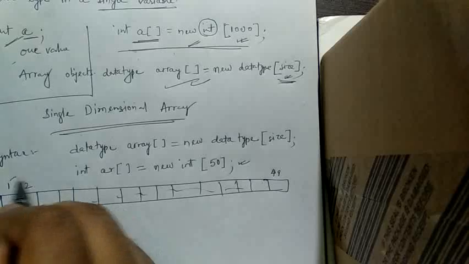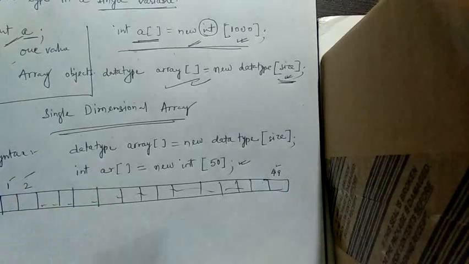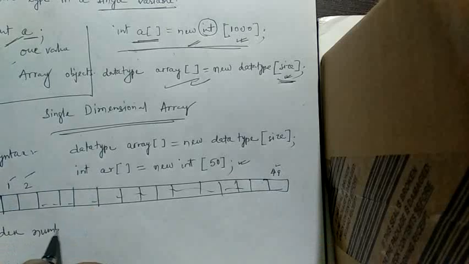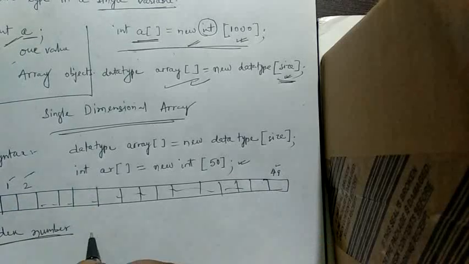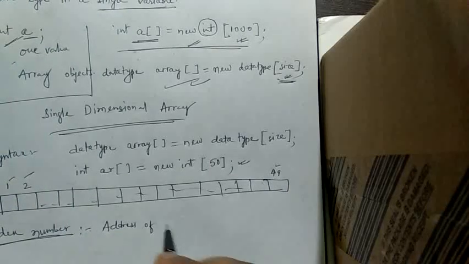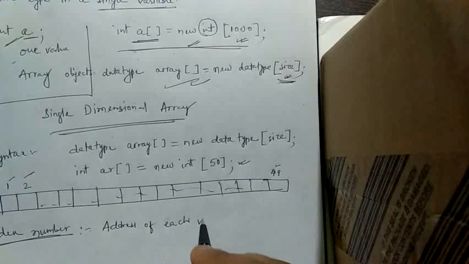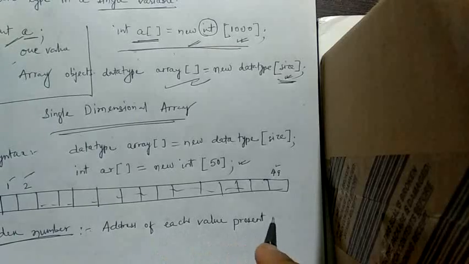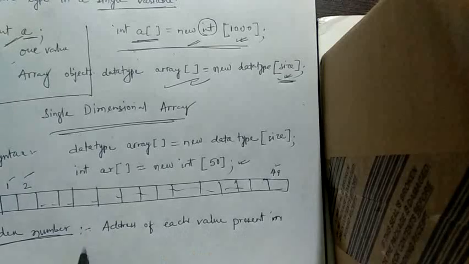This 0, 1, 2 until 49, they are called index numbers. Now what is the use of an index number? This index number is actually address of each value present in the array.